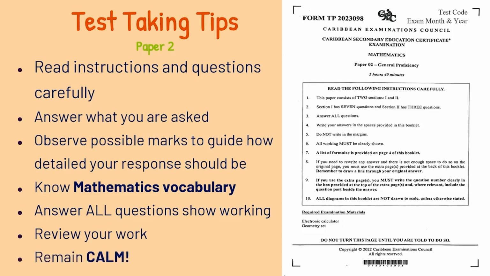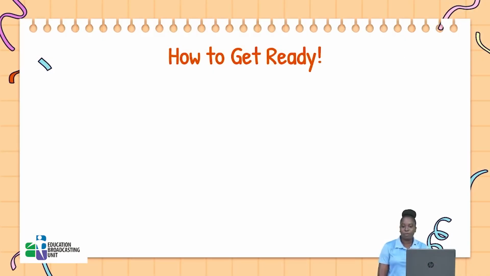Finally, it is very important for you to stay calm. Nerves can cause you to forget what you've learned and have been practicing. You may even overthink what is being asked, frustrate yourself unnecessarily, and lose track of time. Following are some things to consider when preparing for Paper 2.